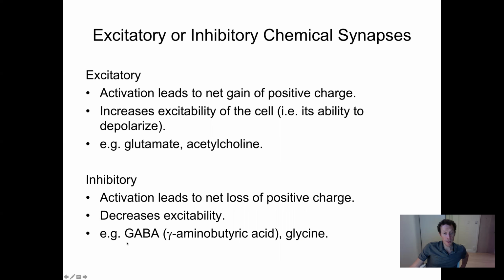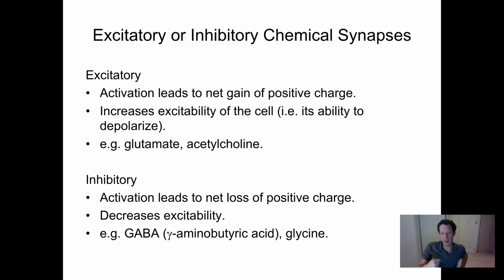An example here are the gamma-aminobutyric acid receptors, or GABA receptors. These are the most common inhibitory type receptors found at synapses in the central nervous system. Activation of GABA receptors leads to a decrease in excitability because typically there's an influx of chloride ions.